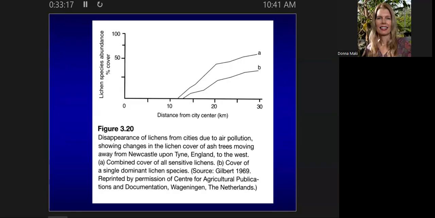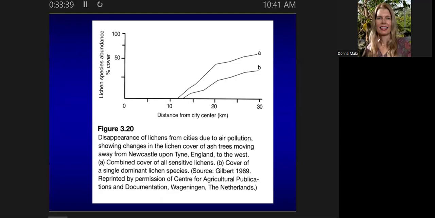Lichens are also commonly thought of as indicator species for pollution, because they are very sensitive to pollution. They have no way to excrete it out of the tissue, so they sequester it, and over time it can really build up in the lichen body.